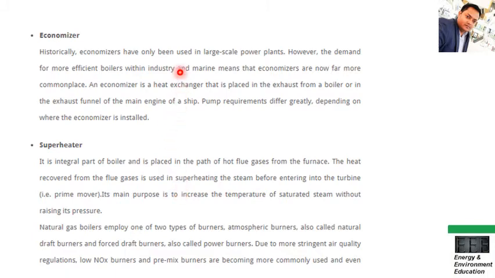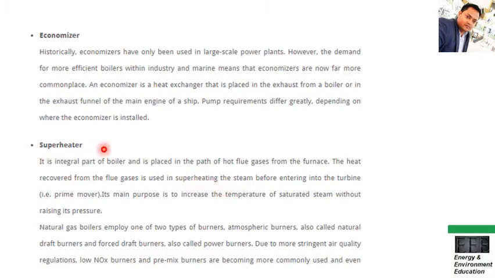So you can see that in both pieces of equipment we are using the extra heat from the flue gas that is coming out of the chimney. That extra heat is trapped and then used to either heat the water, as in the economizer, or to reheat the steam that is already generated and convert it into superheated steam.